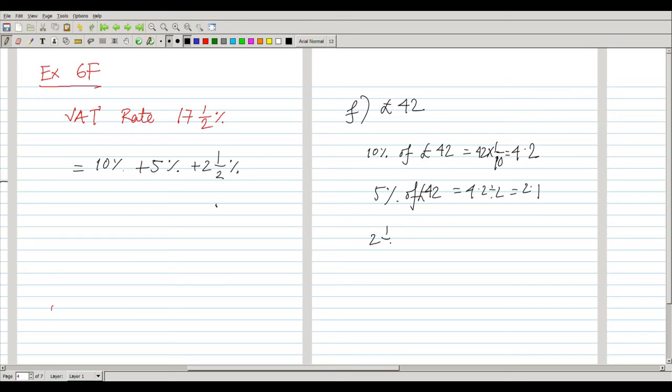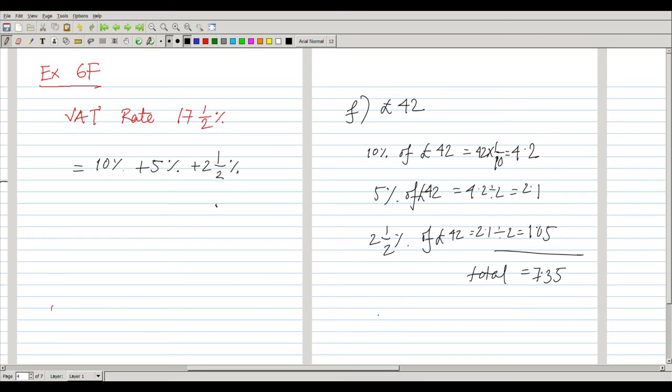And 2.5% of euro 42 equals 2.1 divided by 2, and the value will be 1.05. So we can just find out the total here. 4.2 plus 2.1 plus 1.05 is 7.35.